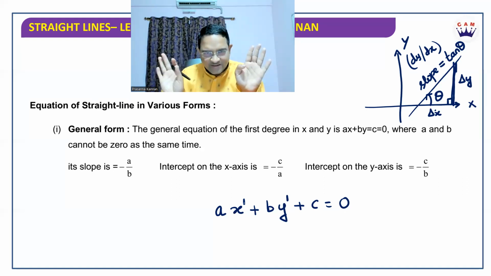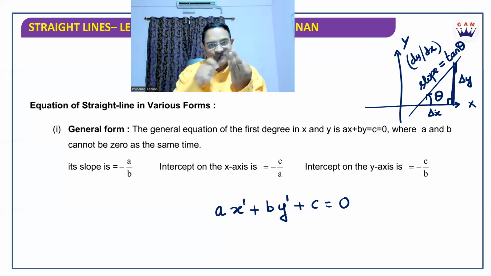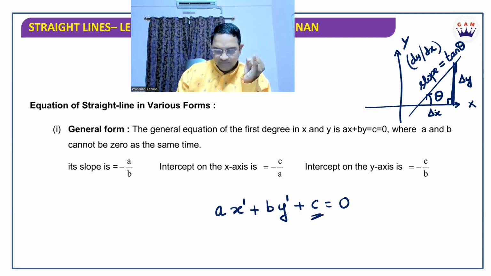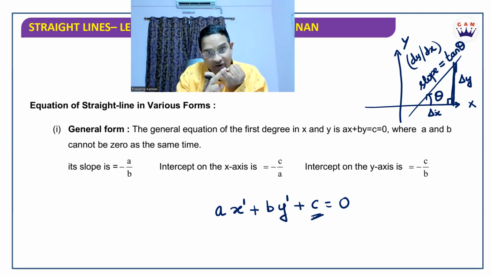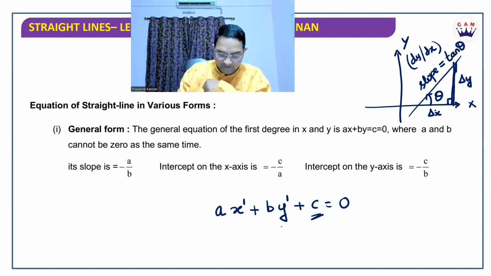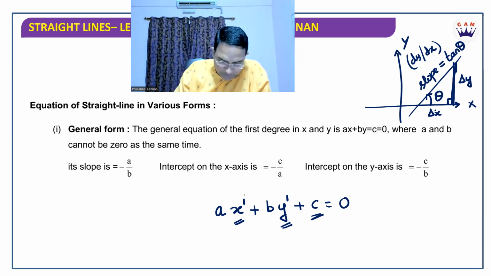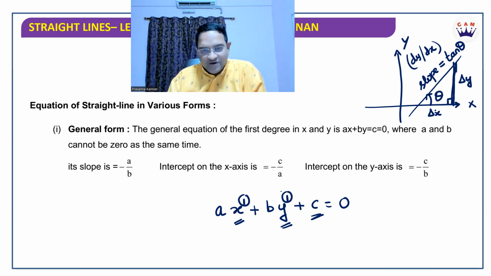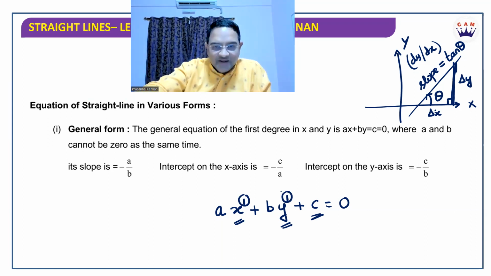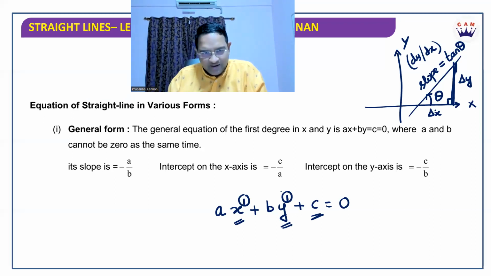But as far as the straight line is concerned, there may be 3 terms: a constant term, a power of y, and a power of x. What power? First power only. This power will never be different from 1. Both of them will be only 1. Clear? Then it represents a straight line.